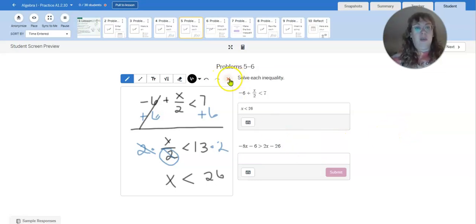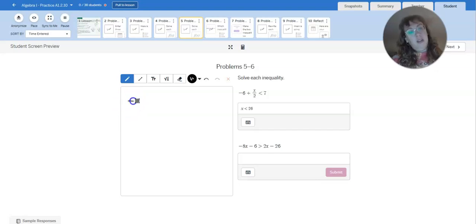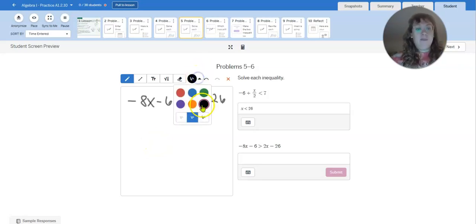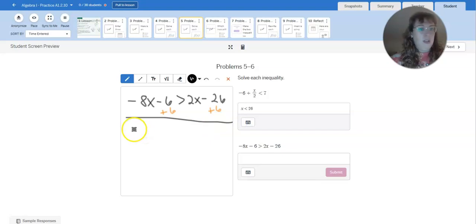Beautiful. I shall clear my board. Next one is negative 8x minus 6 is greater than 2x minus 26. We can add 6 to both sides first. Then we have negative 8x is greater than 2x minus 20.